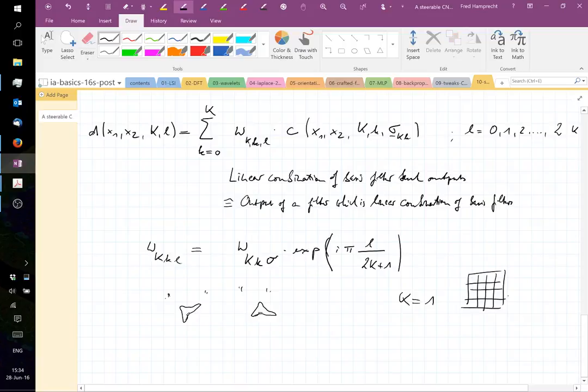This is my matrix W, and what I see is that if I have A, B, C, D here, I will get A, B, C, D, A, B, C, D, and so on. So the papers that I cited initially have solved the capital K equals 1 case. And now you have the chance to solve it for arbitrary K. Okay? This would allow you to go from 4 filters, or 4 principal directions, to arbitrarily many directions.